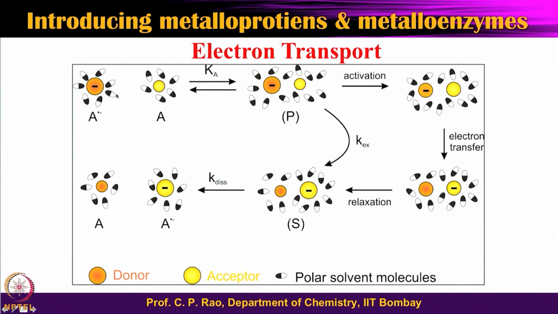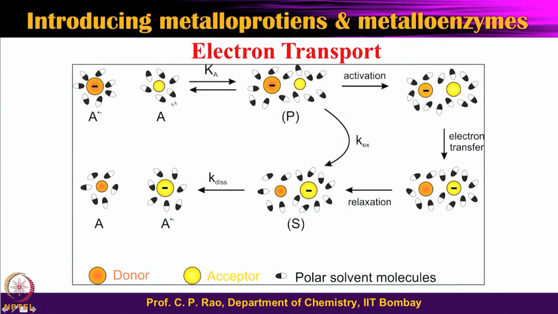So, you can see either from the ground state you can get electron transfer, or from an activated complex it can take place. You can have some kind of activation through conformational changes, and relaxation through other kinds of conformational changes. So, now you understand how electron transfer can happen.